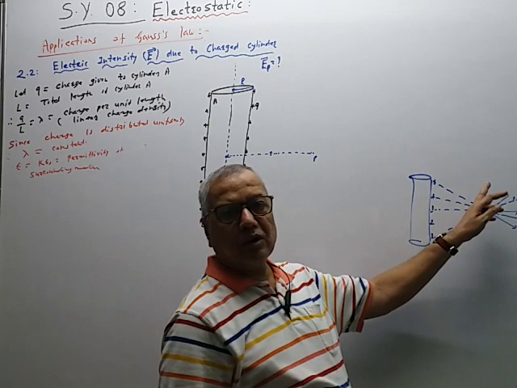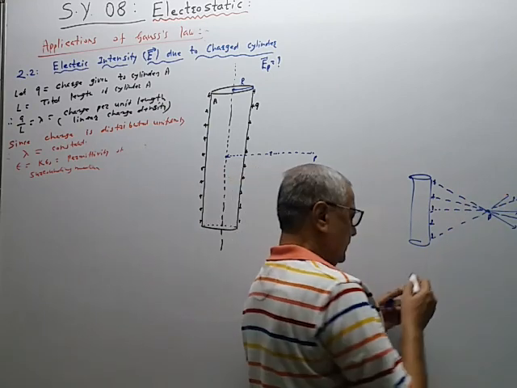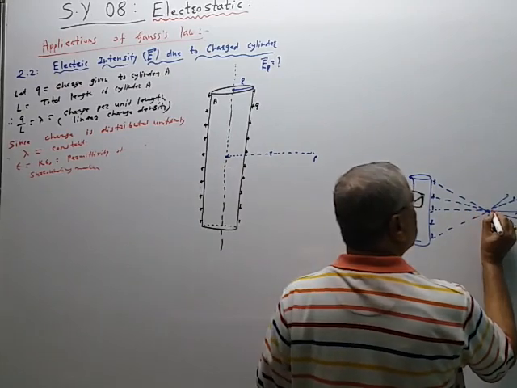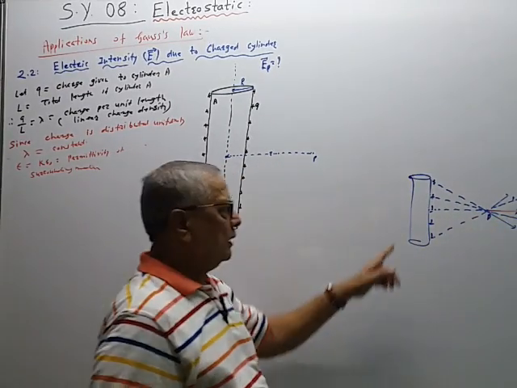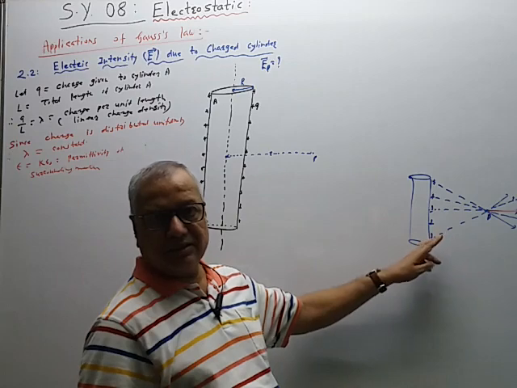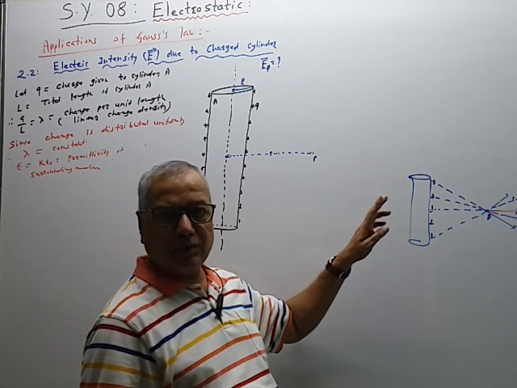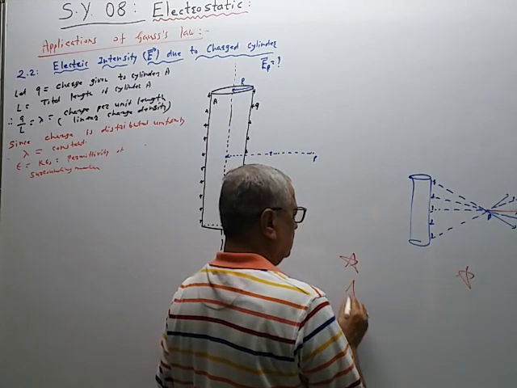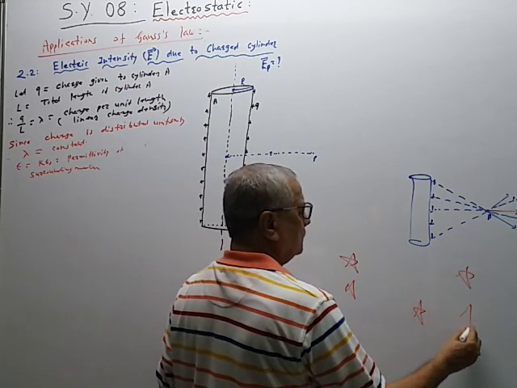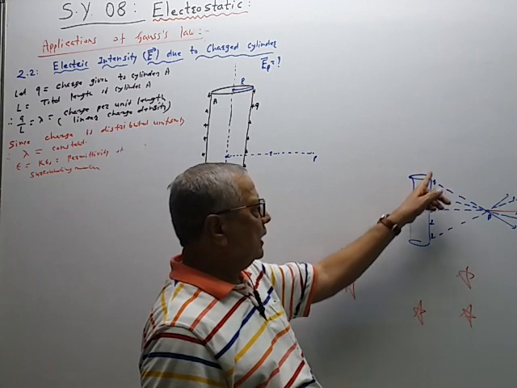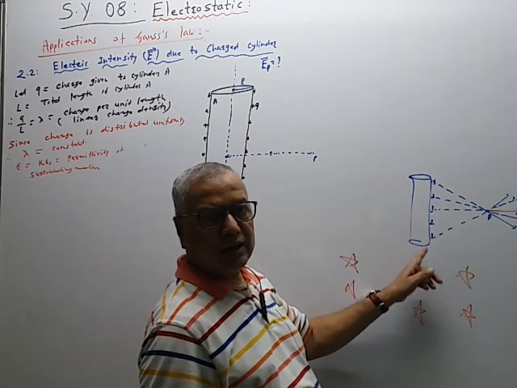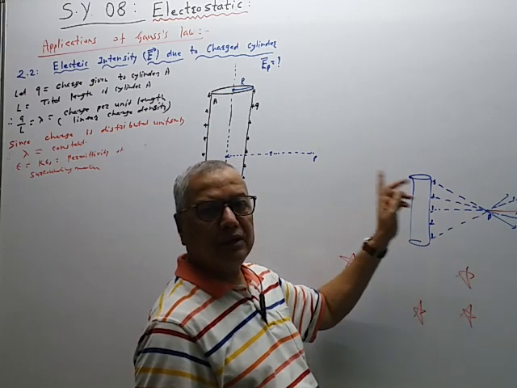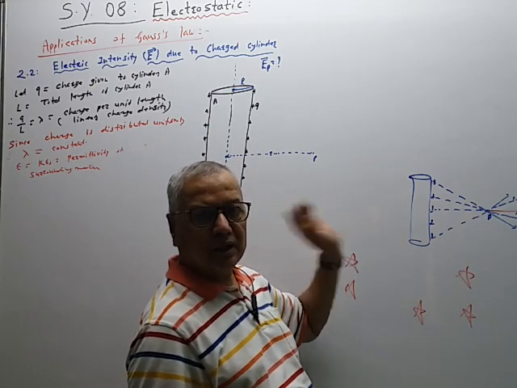And by the law of superposition, if we find the resultant, then that resultant is the net field, as long as the charges are stationary. Last year we have seen this five-star property: as long as charges on the conductor are stationary, the electric intensity is always directed normal to the surface of the conductor.